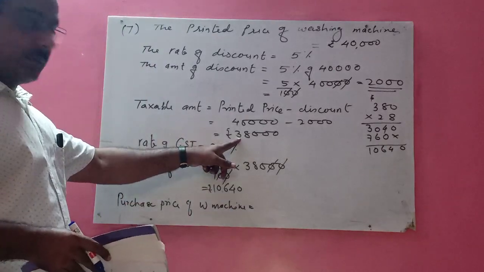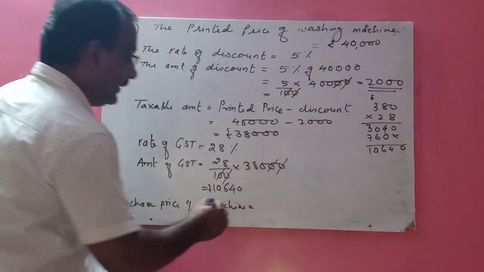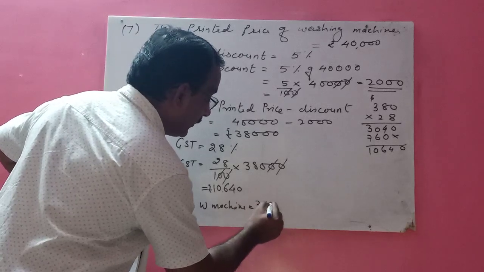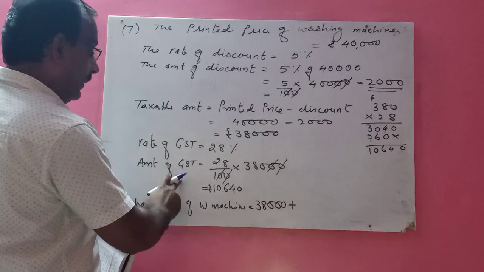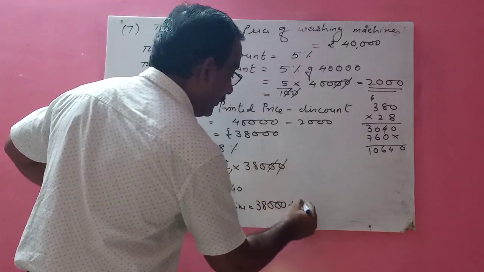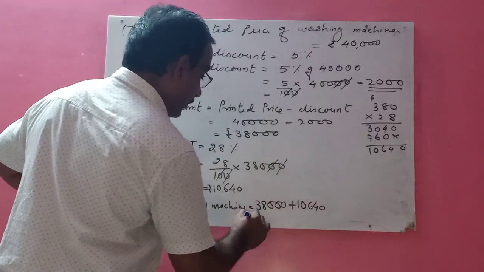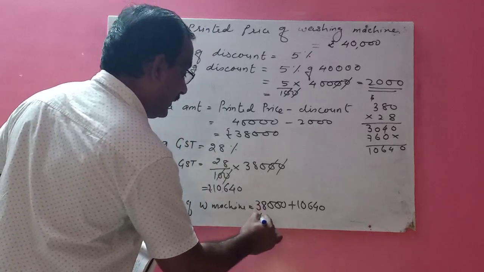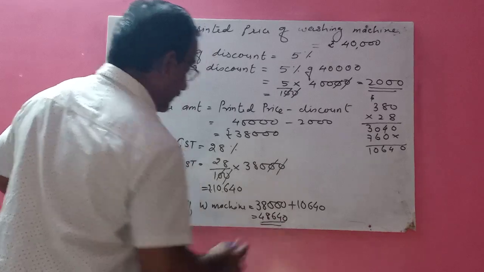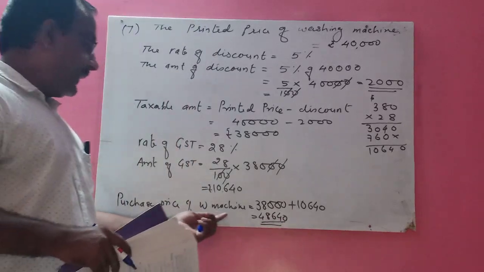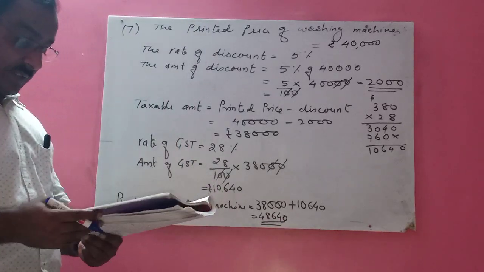Taxable amount and GST: 38,000 plus how much? Amount of GST, 10,640. So how much will you get, children? 48,640. This is the purchase price of that washing machine for Prasad.